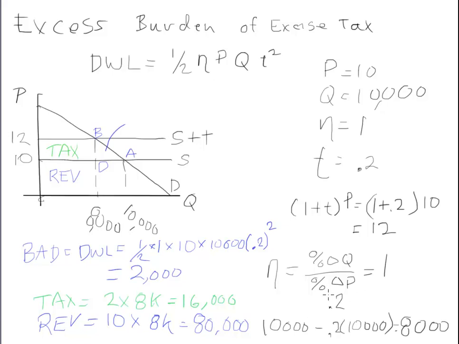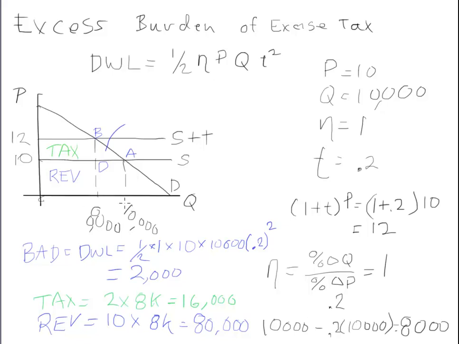So I put $12 over here. We then had to figure out, with elasticity of 1 and a change in price of 20% higher, this point right here. 10,000 minus 0.2 times 10,000 is very close to 8,000 right there. We put all these numbers in for this, and we ended up with 2,000.